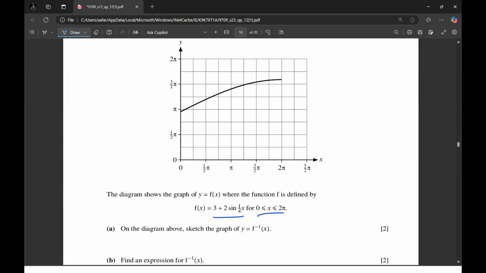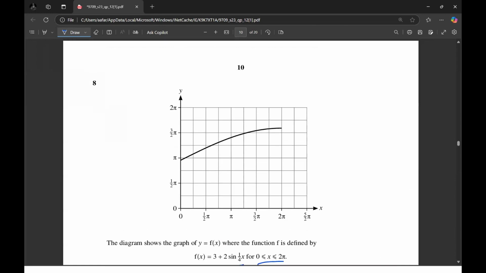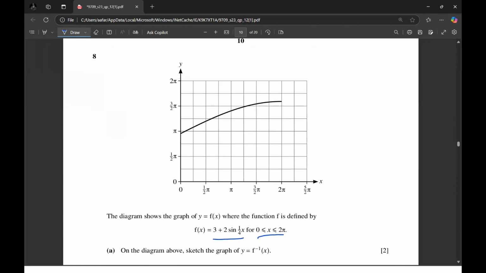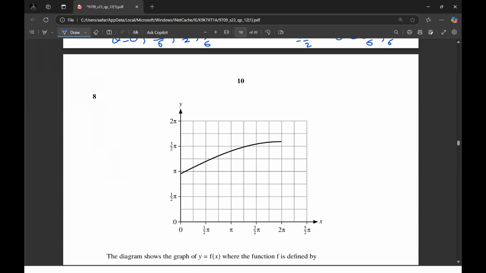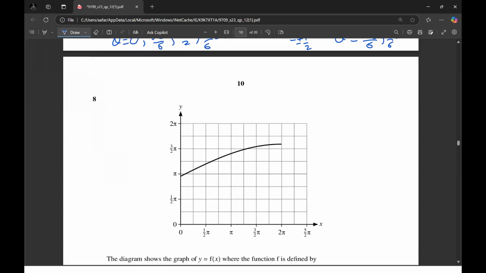Sketch the graph of f inverse. If they've asked us to sketch the graph of the inverse of f, basically the inverse of anything is its reflection in the line y is equal to x. This is the line y is equal to x, so we reflect it on either side.